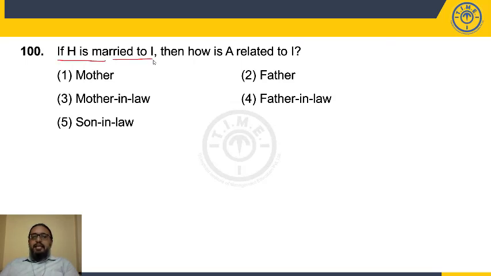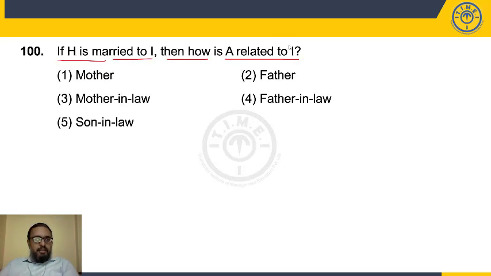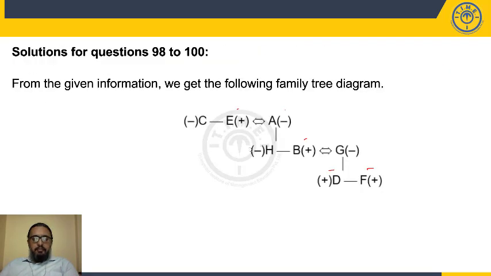If H is married to I, then how is A related to I? He is giving you a condition that if H is married to I, then how is A related to I? Let us check. That means you have to put yourself in I's place. If H is married to I, they are a couple now. Then he is asking, how is A related to I? So you put yourself in I's place.